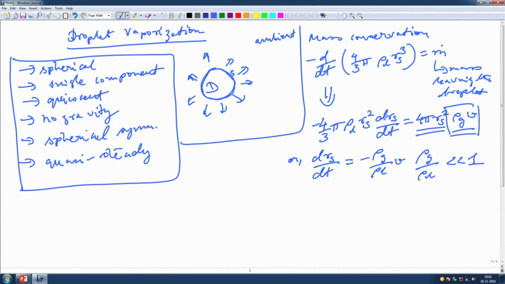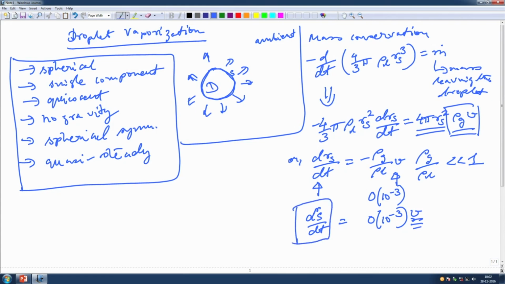So, this implies that this rate, which we already established in the last class, is much lower than this. It is rho_g by rho_L, which is of the order of 10 to the power of minus 3. So, dR_s/dt is of the order of 10 to the power of minus 3 into V. Essentially it means that V is much faster compared to dR_s/dt.